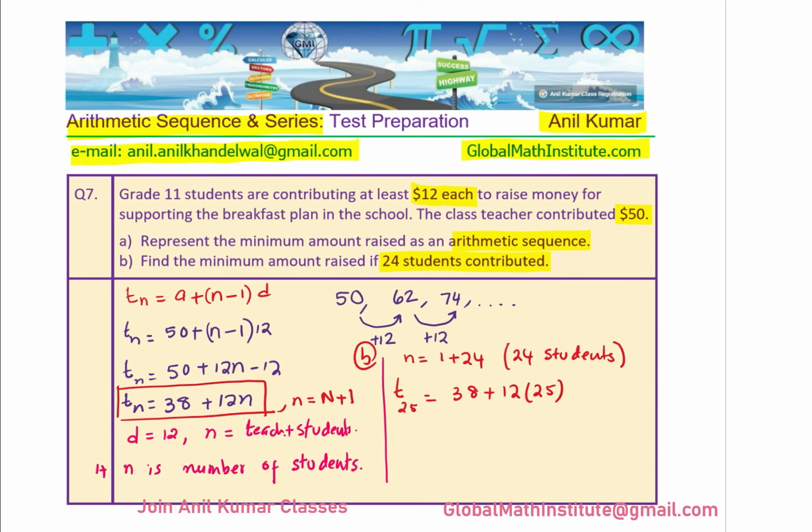So that is how you can calculate the answer. We know 25 times 4 is 100, so this is 300, and therefore we get 338 as the amount. Does that make sense to you? So this is how we should be calculating the total amount for part B.